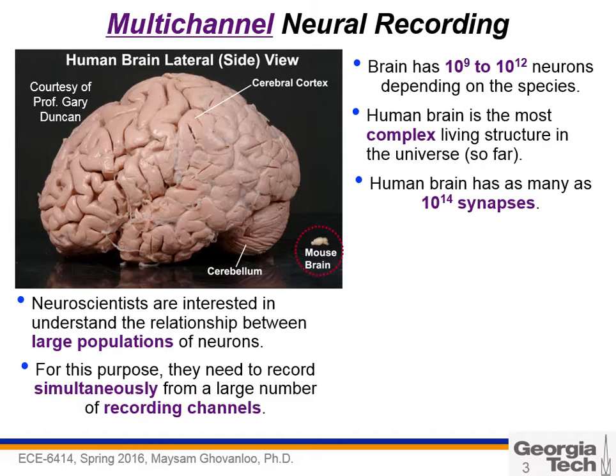So the brain is like a huge network, and all these amazing capabilities of the brain are due to this dynamic network, dynamic circuits of the brain between different neural populations.